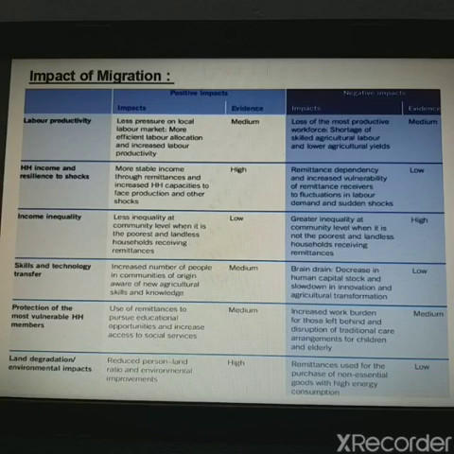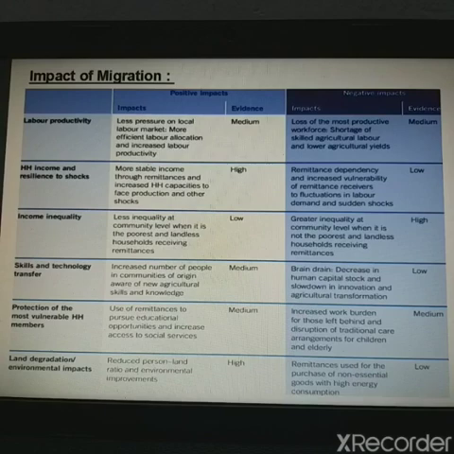lower agricultural yields. Then income and resilience to shocks. That means more stable income through remittances and increased household capacities to face production and other shocks. Negative: remittance dependency and increased vulnerability of remittance receivers to fluctuation in labor demand and sudden shocks.